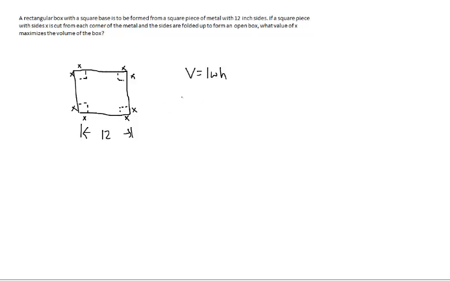So here our volume is going to be equal to 12 minus 2x for a length. And if you look at the width, it's exactly the same. So we're going to have another 12 minus 2x. And then the height is equal to x. That's what we're cutting out of the corner.